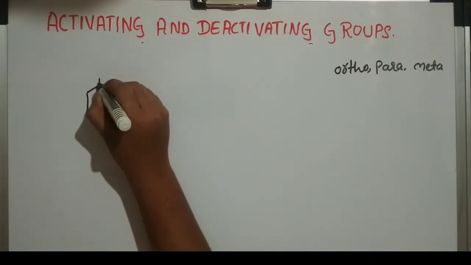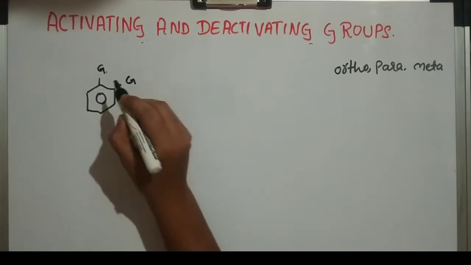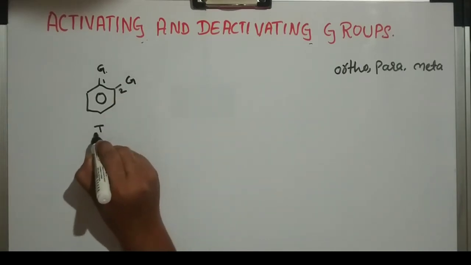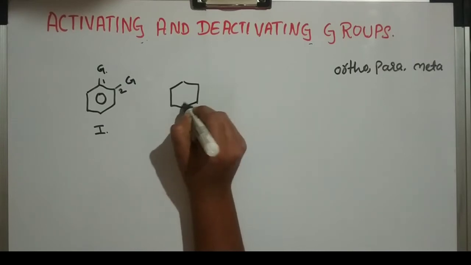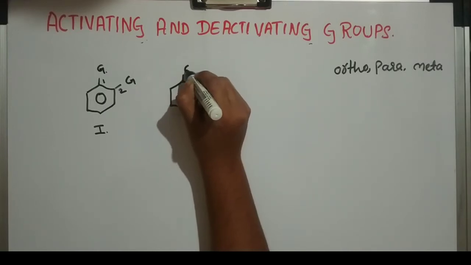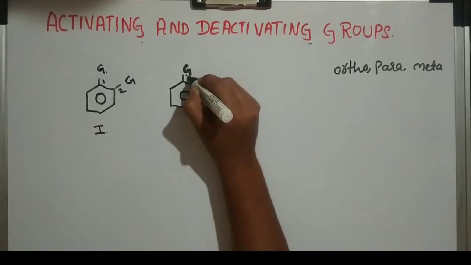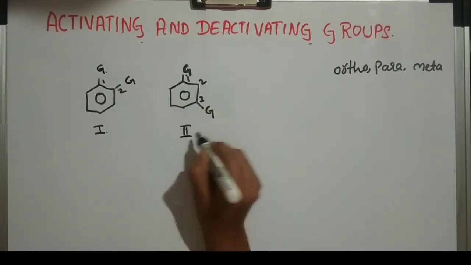Suppose here is a group, and we name the positions 1 and 2, as the first structure. Another benzene ring has one group at the first position and another group at the third position. This is the second structure.